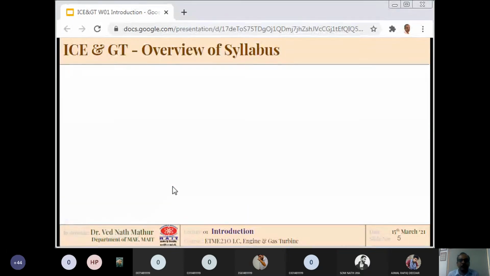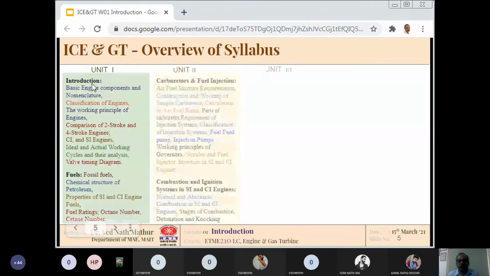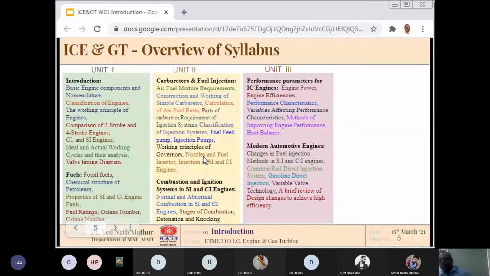I have just transferred the content unit wise in this slide. So this is your first unit, with the second unit, third unit, and fourth unit on gas turbines.